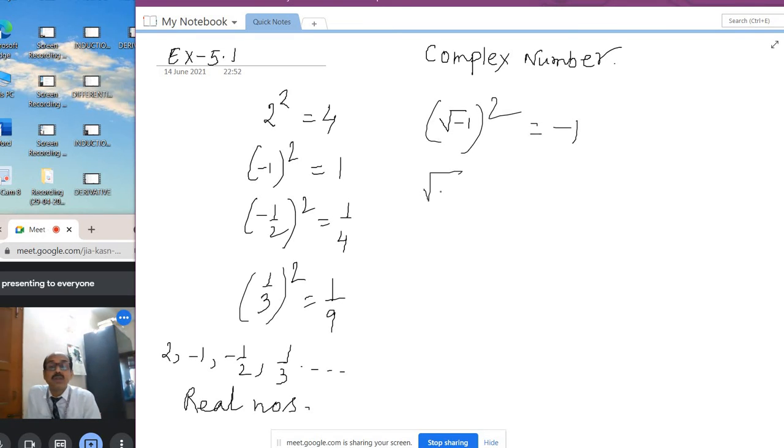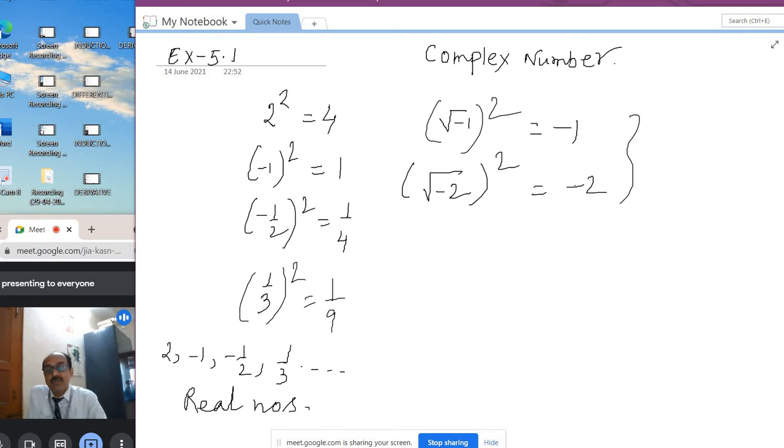So under root -2 whole squared is equal to -2. That means the square of these numbers is not positive, it is negative.